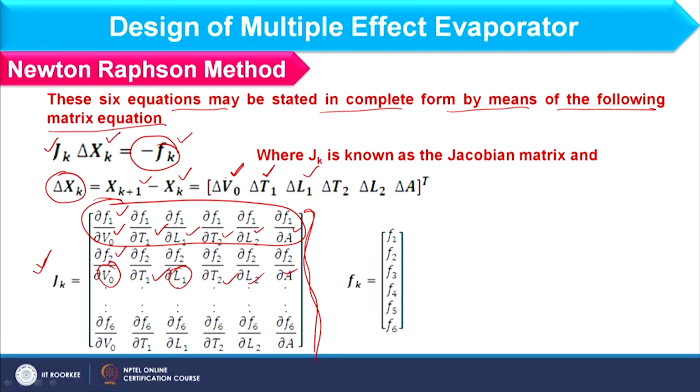So, that we can represent as delta V naught to delta A, right, and we consider transpose of that, okay. In the similar line I consider F k matrix, and that considers all 6 function value f1 to f6, okay.